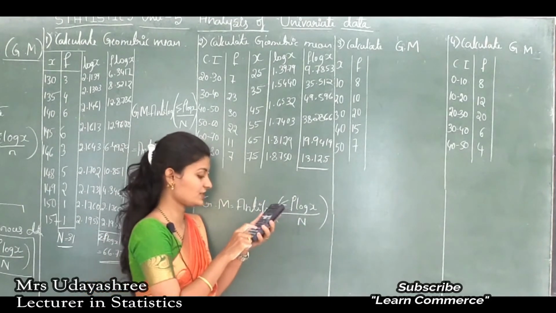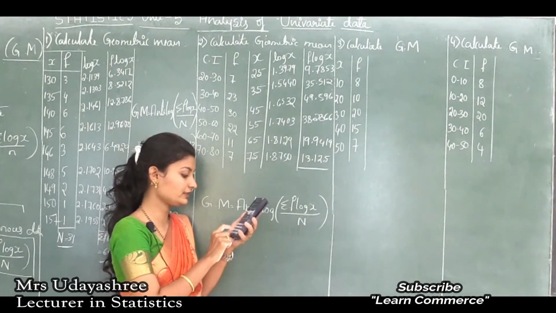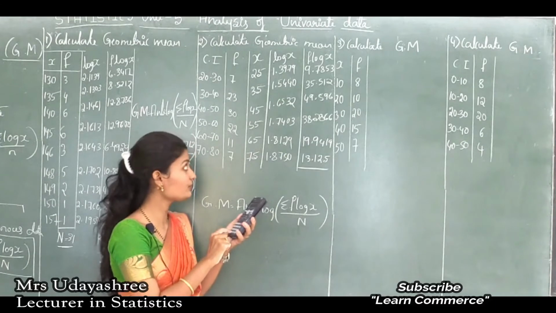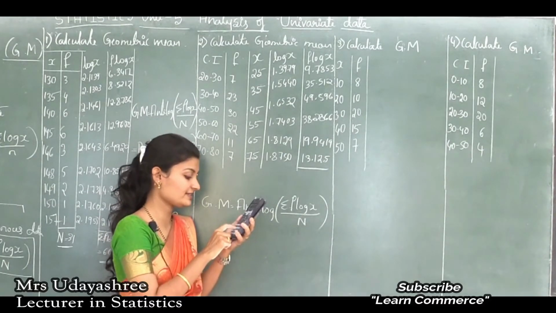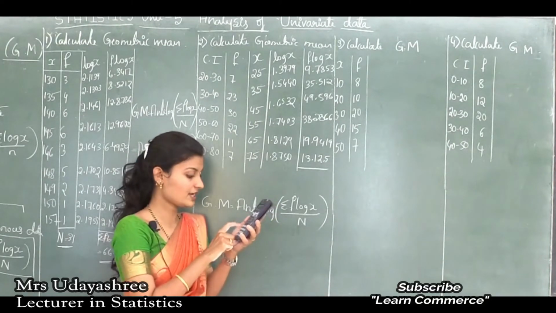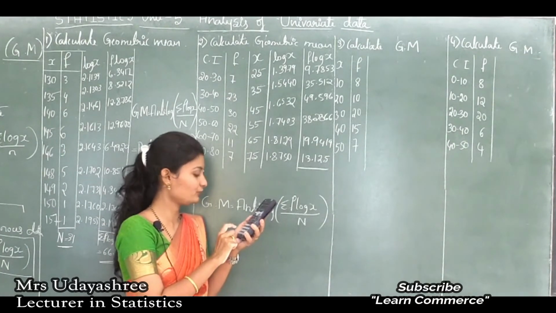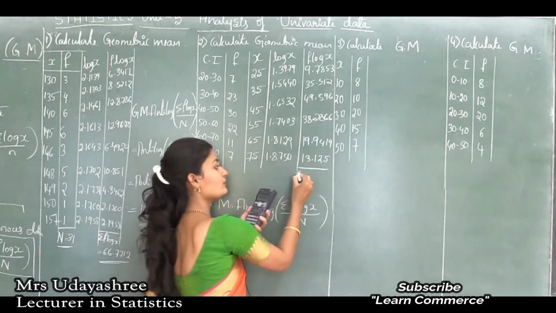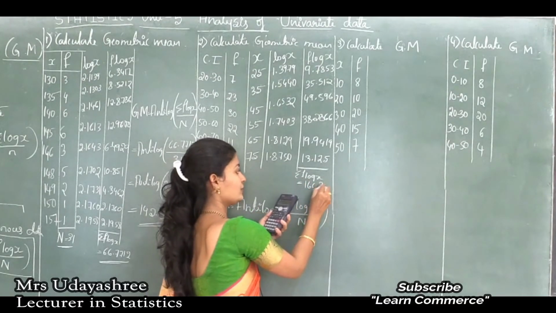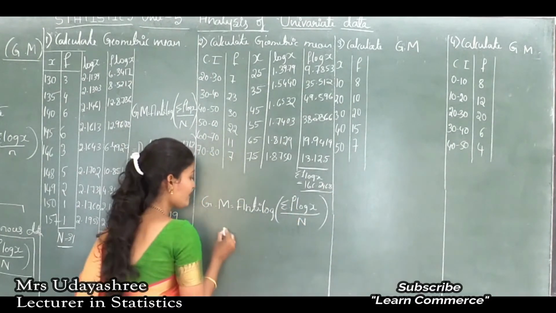So 9.7853 plus 35.512 plus 49.596 plus 38.2866 plus 19.9419 plus 13.125. So the sum of f into log x is 166.2468.